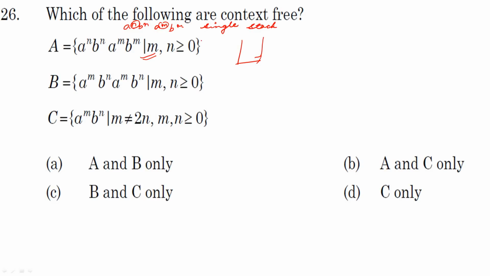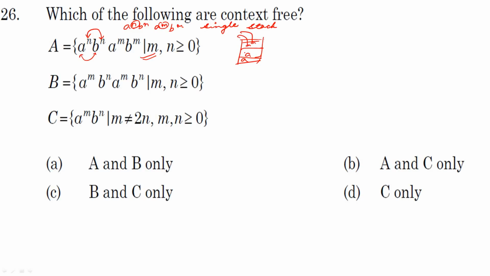Now what I'm doing here is pushing a's onto the stack. Suppose I have pushed n a's onto the stack, and whenever there comes a b, I compare this a and b. Whenever there is a b, I pop an a, because these both numbers are equal.